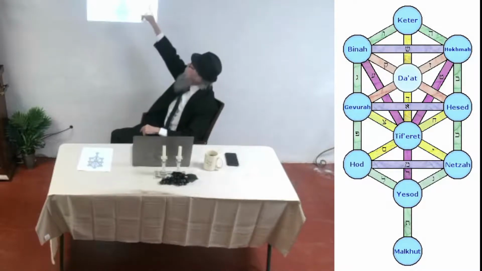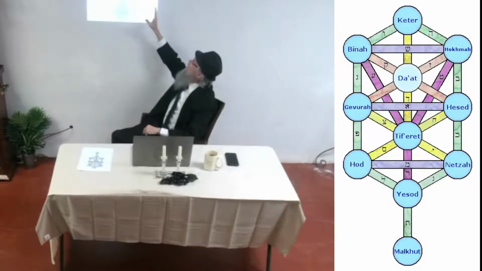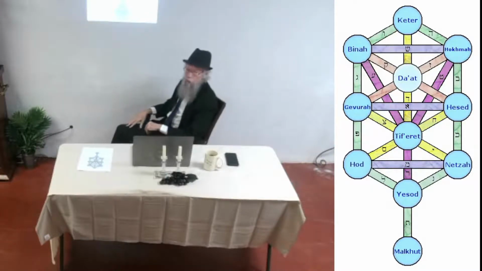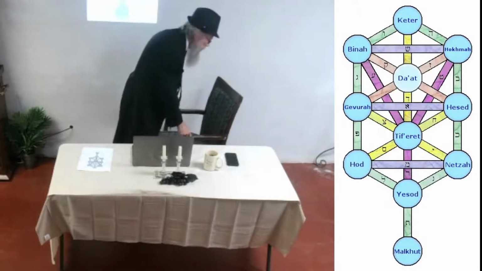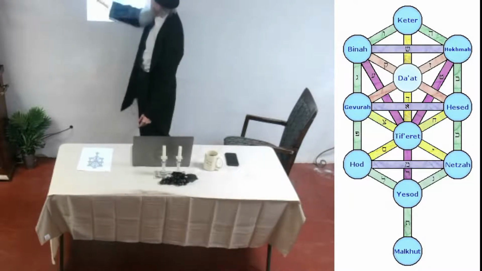I need a pointer. So here there are 3 straight lines going up, as you can see. These are called pillars. These are the pillars of the tree of life.